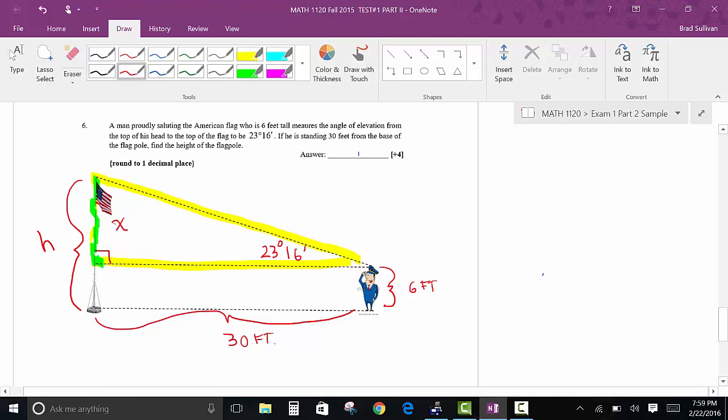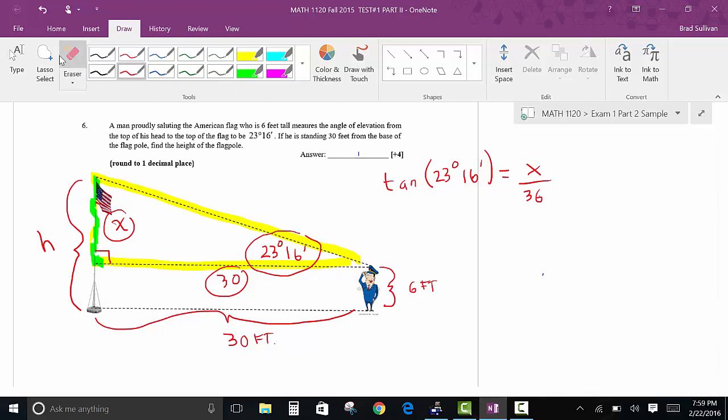If you talk out what we have, we have an angle, we have a side opposite, which is X, and a side adjacent, which is 30. The side opposite over adjacent is the tangent. So the tangent of 23 degrees, 16 minutes, by definition, is equal to the opposite, which is X, over 30.